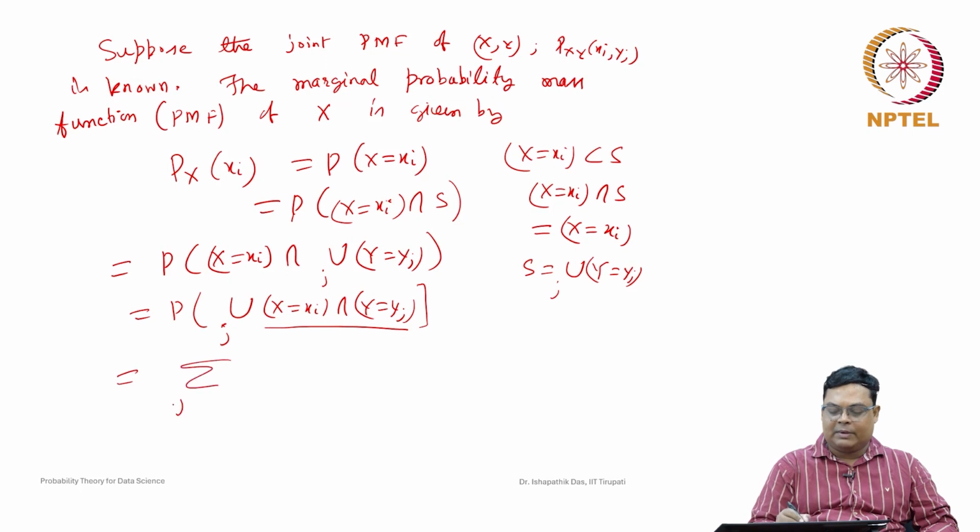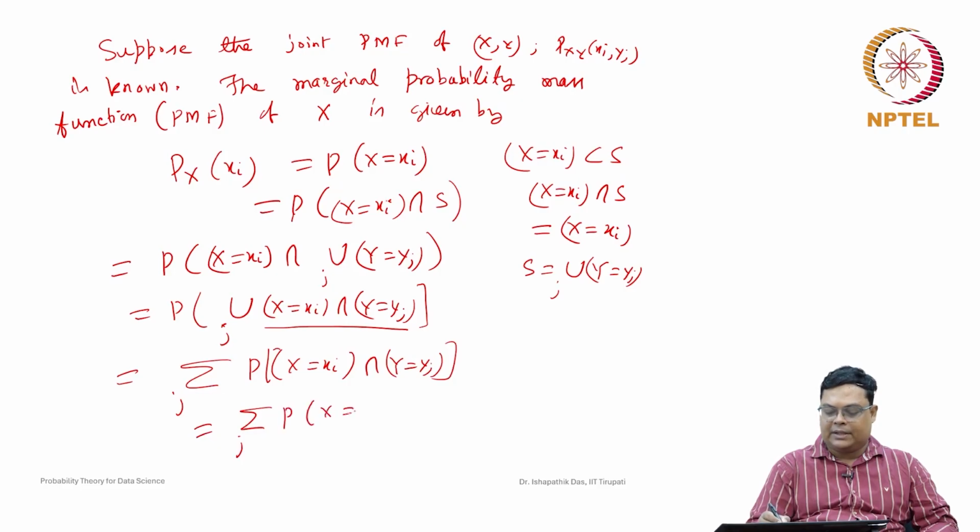So, this is nothing but the summation over j of the probability that X equals x_i intersection Y equals y_j, which is the summation over j of the probability that X equals x_i, Y equals y_j. This is the joint probability mass function of (x_i, y_j).